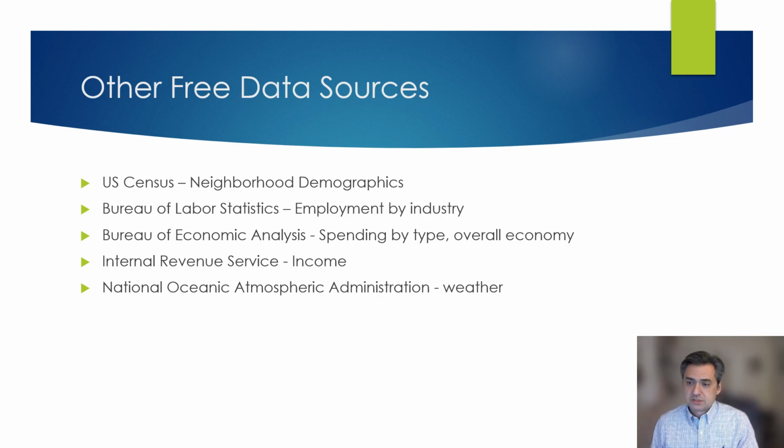The Bureau of Labor Statistics has data about employment by industry. There's also spending by type from the Bureau of Economic Analysis, which also has data about the overall economy. The Internal Revenue Service has data about income. And NOAA also has data about weather, temperature and other related weather events that would be relevant to electricity usage. And all this data is free.